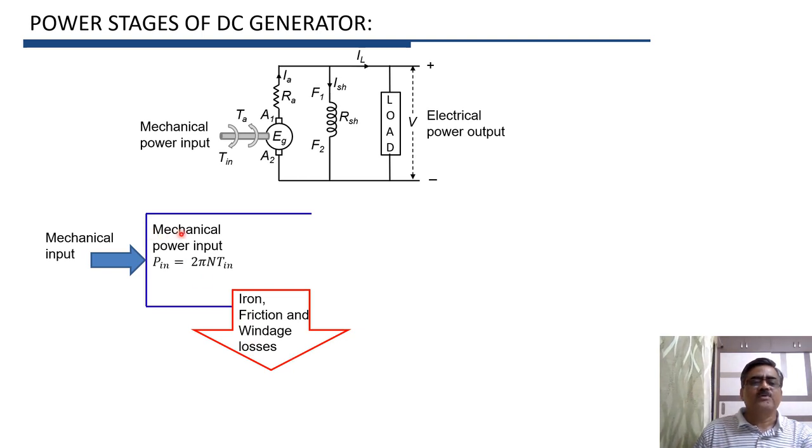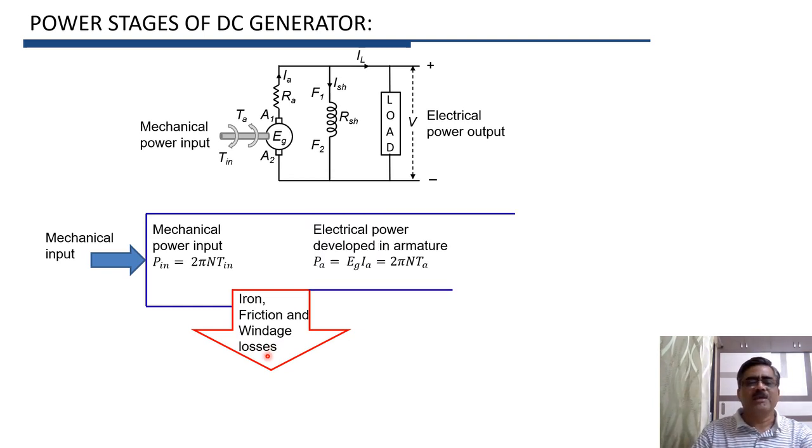Out of the mechanical power input, some power is wasted in the form of iron, friction and windage losses, and the remaining power is electrical power developed in armature, which is Pa, equal to Eg into Ia, or equal to 2 pi n Ta, where Ta is counter torque developed by armature and n is again speed in revolutions per second.